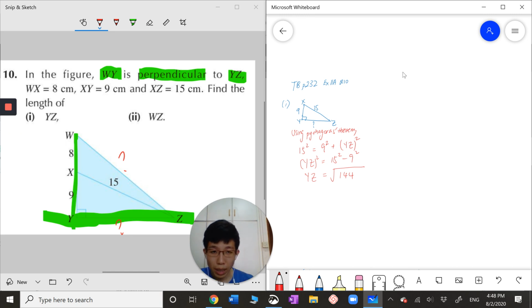We know that the square root of 144 is 12. So in this case, it's 12 cm. So this is part 1.